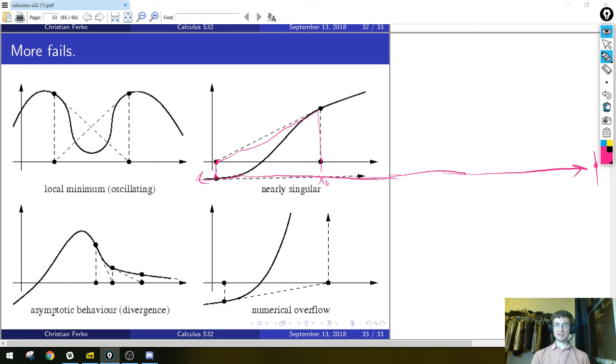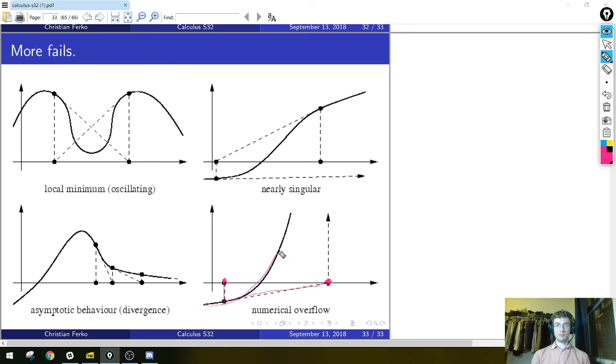That's terrible. Another problem is this sort of divergent behavior where the root I want is over here, and I started over here, but because something strange happens between my starting place and the root, I was too far away, so the function's actually taking me further and further away with each time step, so I'm really never getting closer, and I get kind of screwed up. And a similar example, which is like the singular case, but kind of in the vertical rather than horizontal direction, is I start with an estimate which is reasonably close to the root, gets sent over here, which is not a great direction, but it's in the right direction.